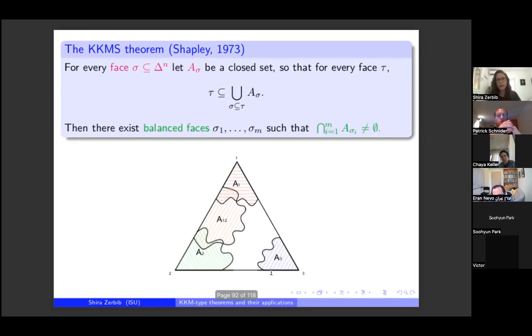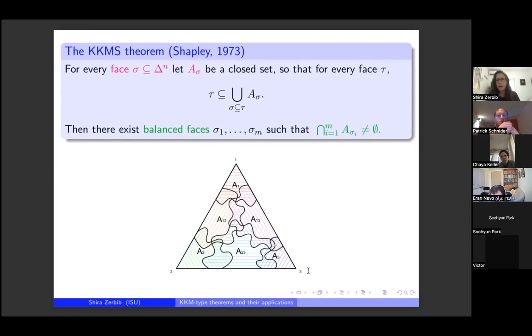And similarly, vertex 3 must be in A3, the edge 2,3 must be in the union of A2, A3, and A_{2,3}, and so on. So if we want to write this, every face tau is contained in the union of the A_sigma, where sigma is a subface of tau.